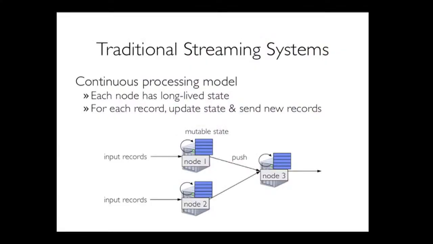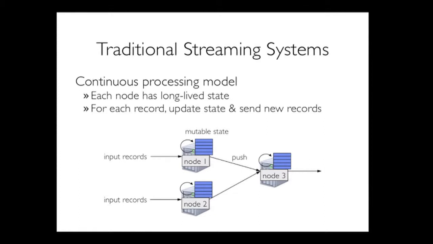So there's been a bunch of work on streaming in the past, but most systems use what I'm calling a continuous processing model that makes it difficult to deal with faults and stragglers. Just to summarize that, the model here is really natural. Each node has a bunch of state in memory, and state is the thing that really makes streaming hard.